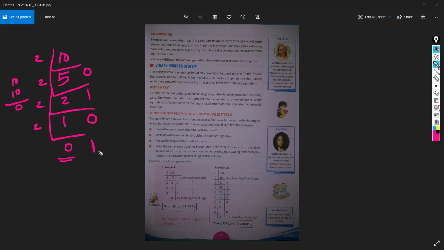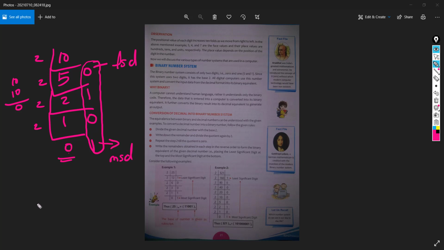Then we will take these remainders as the corresponding binary. According to the last step, we place the least significant digit at the top and the most significant digit at the bottom. What we have at the bottom is the MSD, and what we have at the top is the LSD, the least significant digit.